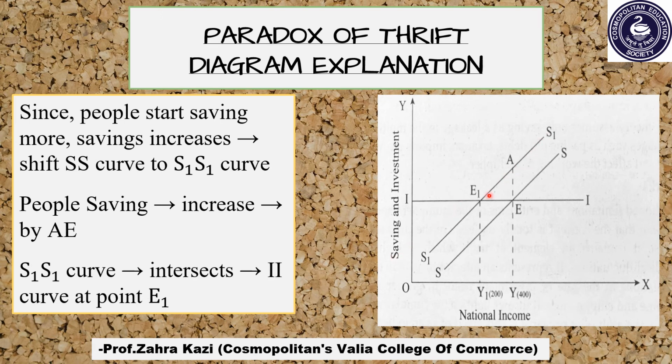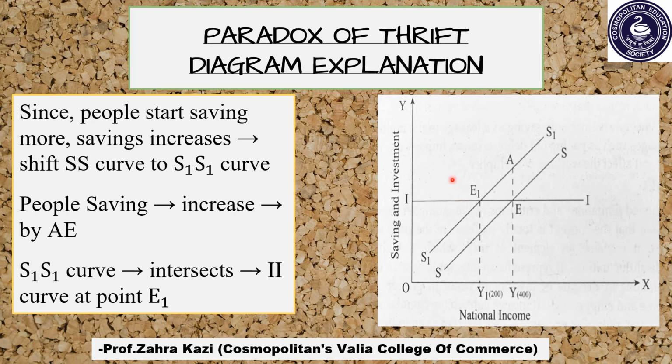So this results in an increase in saving. This increase in saving can be seen by AE. So AE shows the amount of increased saving. Apart from this, the new saving curve, S1S1, intersects the investment curve II at point E1.